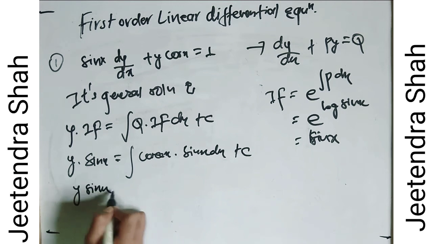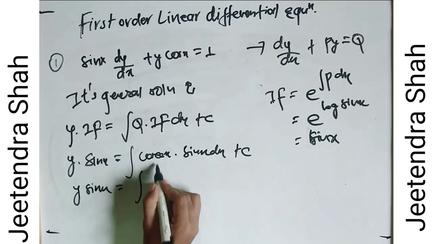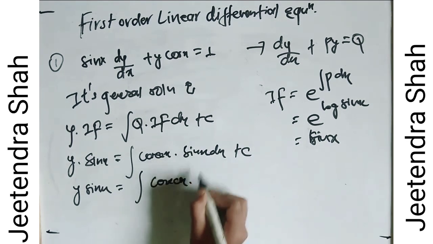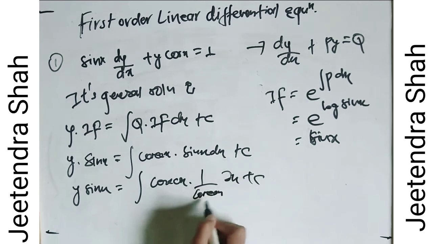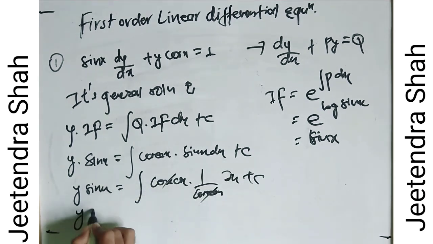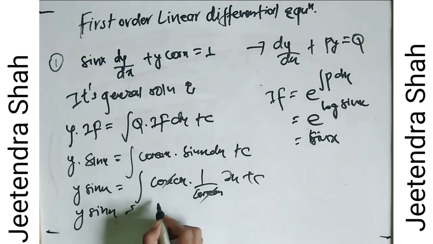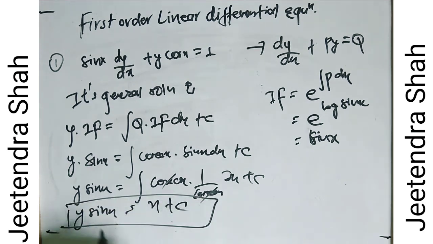Since sin x is 1 by cosec x, this cancels out, so y sin x equals the integral of 1, which gives x plus c. So this is our required solution. In this way we can solve first order linear differential equations.